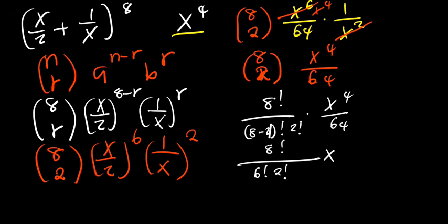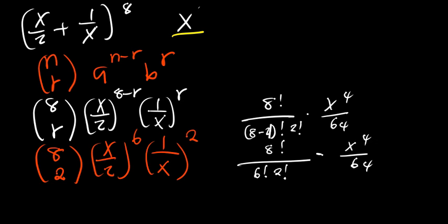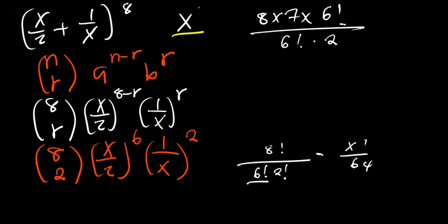Now, I don't want you to be confused with these times, so I'll just put this dot as times. 8 factorial is 8 times 7 times 6. The moment I reach 6 factorial, I'll end there, and put a factorial, divided by 6 factorial, then times 2 factorial, which is just 2, times x to the power 4 over 64.